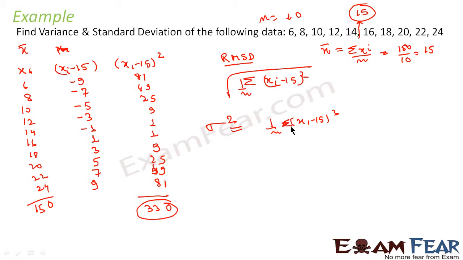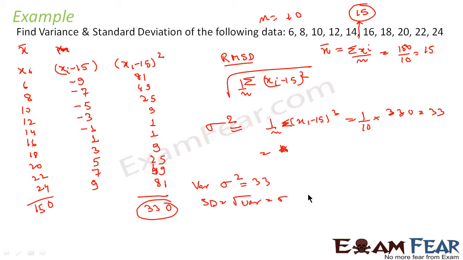Here n is 10. This will be 1 by 10 into 330, which is 33. So the variance, sigma square, is 33. Now for standard deviation we take the root of variance, that is sigma, which is root of 33, and that value is around 5.74. That is the answer. Very simple.